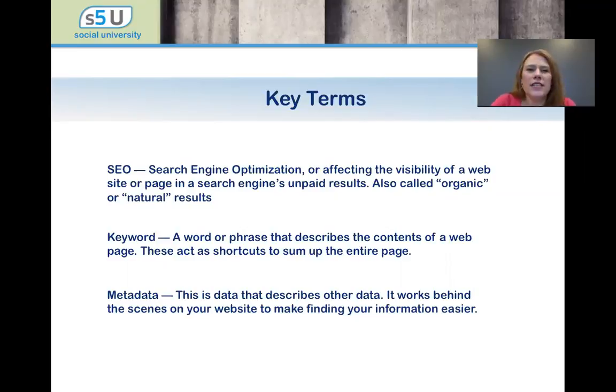I always like to use the example of, I don't know how many of you have read an actual paper book recently, but they always have a page in the front that has the Library of Congress information, and it will have keywords and things like that that tell how that book should be classified. And that's what the metadata is on your website. It's like that cover page that tells what this website is going to be about and how it should be classified.